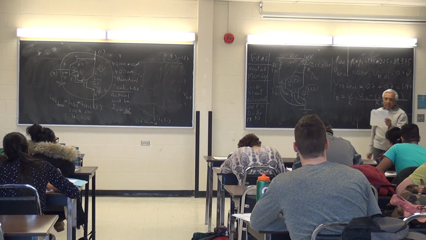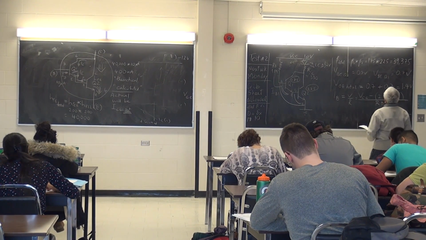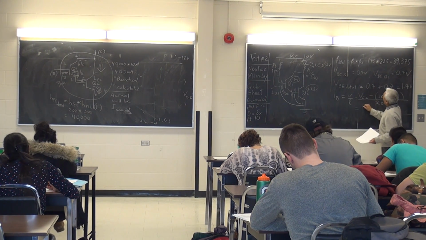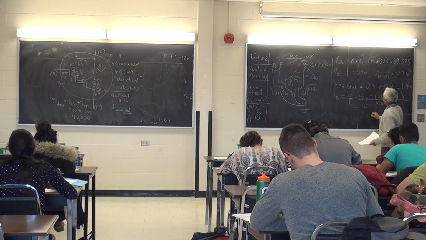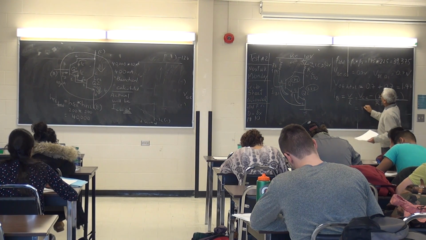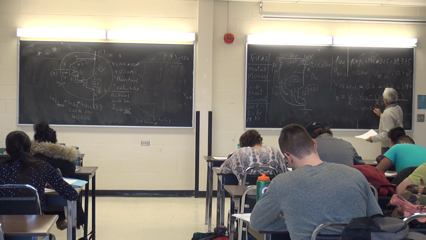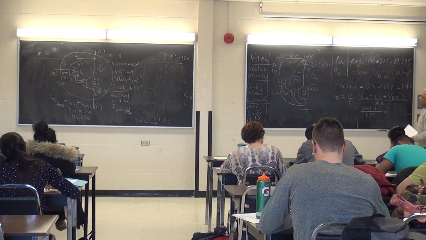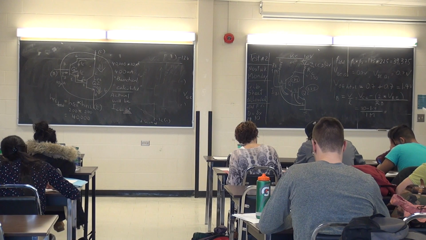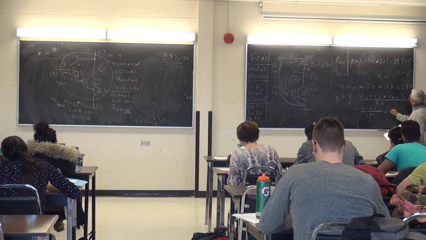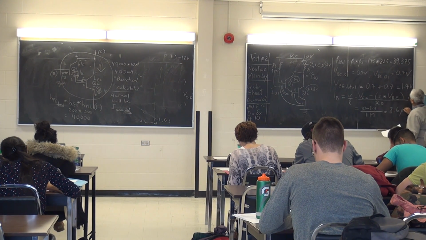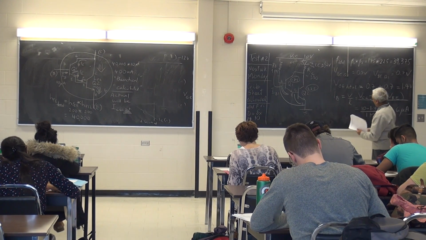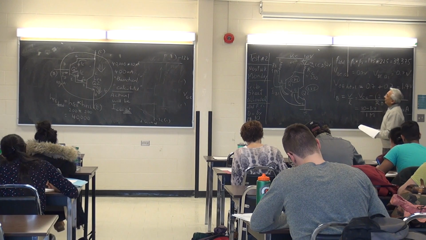Okay, so it's 2 times VBE. So that's 10 minus 1.4 divided by 1 meg. 8.6 microamps. That's here.